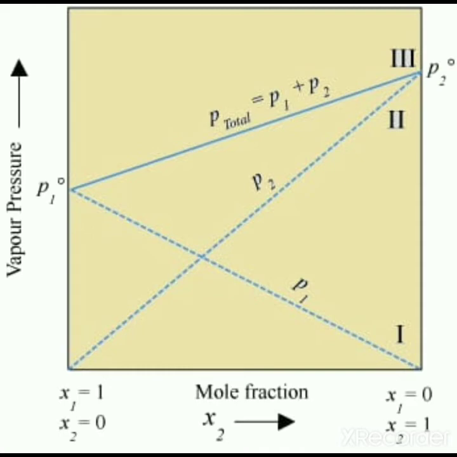It means component 1 is less volatile compared to component 2. Instead of 1 and 2, let the two components in solution be represented as A and B. Then we get P total is equal to P⁰A plus (P⁰B minus P⁰A) into χB. Now what conclusions can be drawn from the equation?